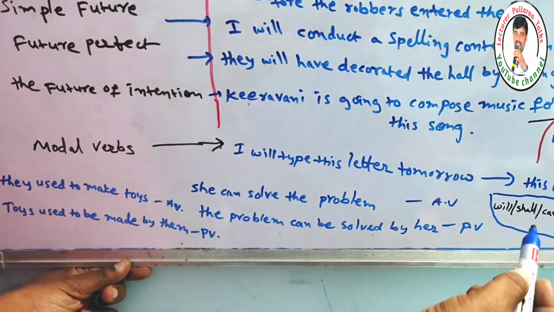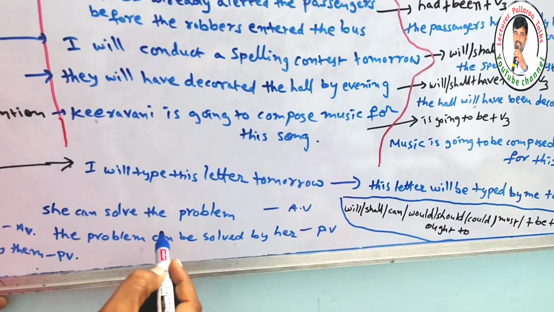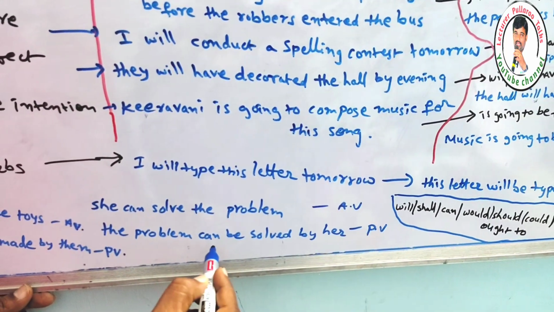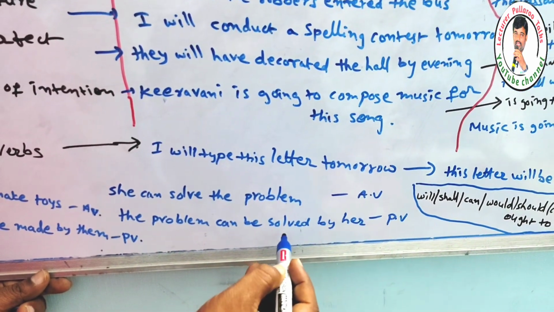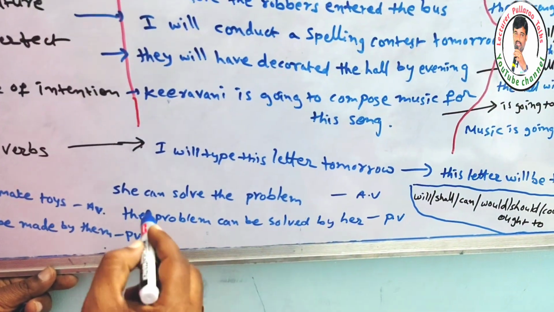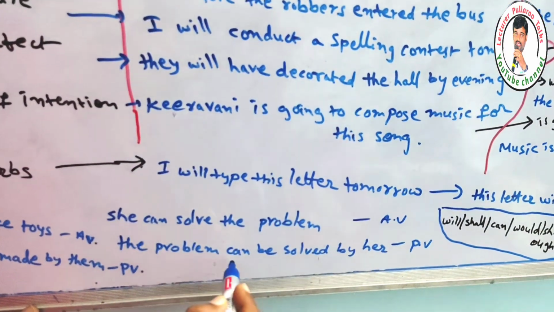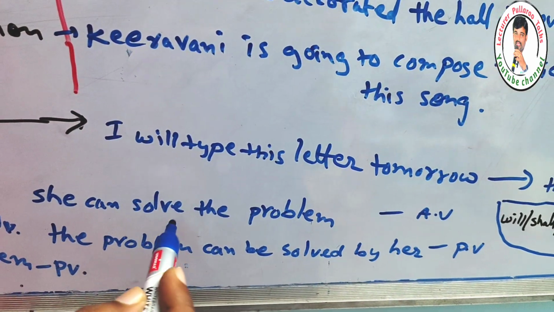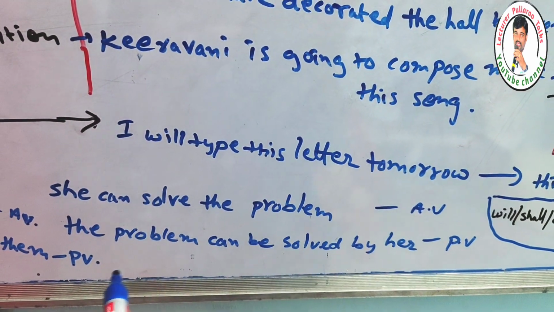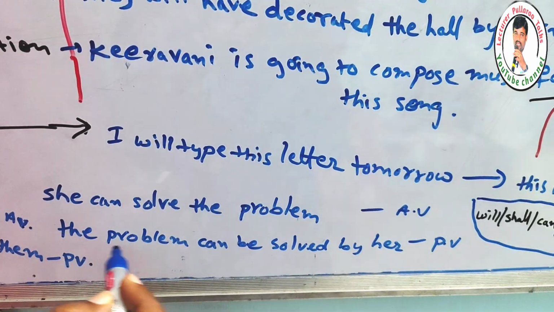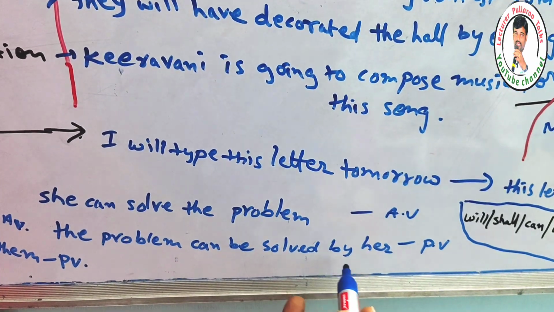As per our structure, the object becomes the subject. The problem can be solved, V3, by her. She can solve the problem is active voice. Now I transfer this into passive: the problem can be solved by her.